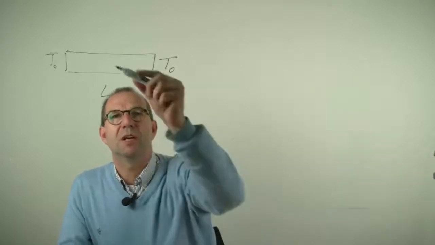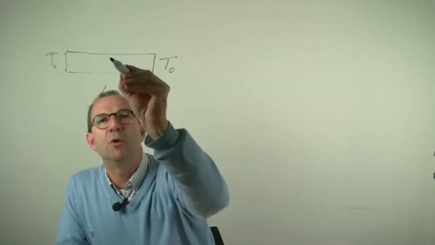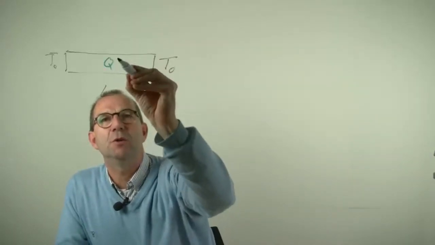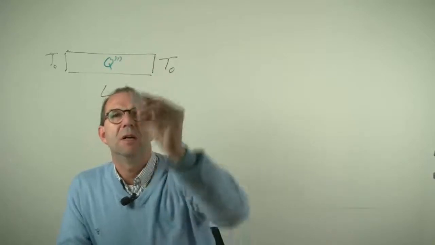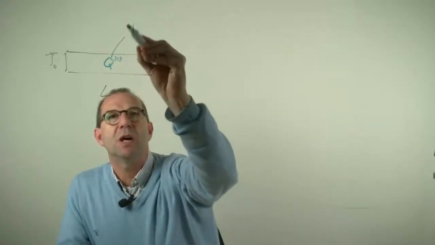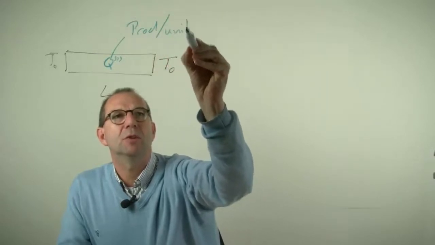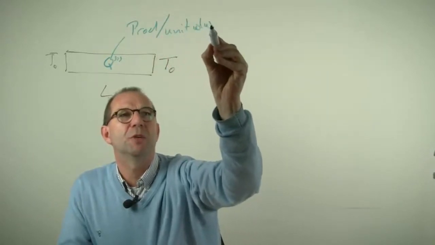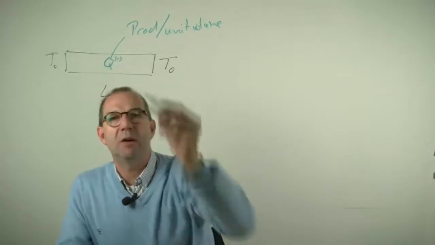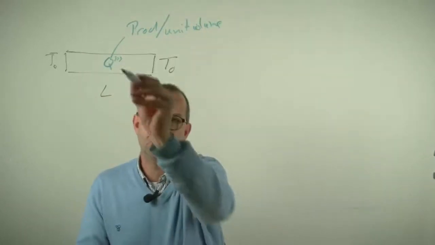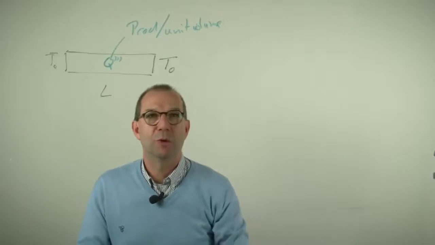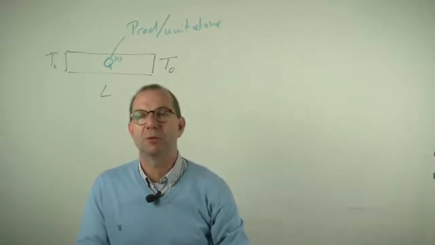Inside, production takes place in a uniform way, and I'll denote that by Q with 3 dashes. This is production per unit volume, or per cubic meter if you want. Everywhere inside this rod there is this heat produced, so in every cubic centimeter the same amount is produced.